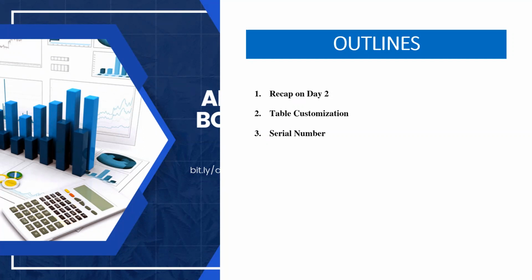We said columns are the horizontal ones, A and B, and rows are the vertical ones, 1 and 2 and the rest. And I've already told you we have about 1,048,576 rows, and we have over 16,000 columns in Excel. We discussed that yesterday with you.